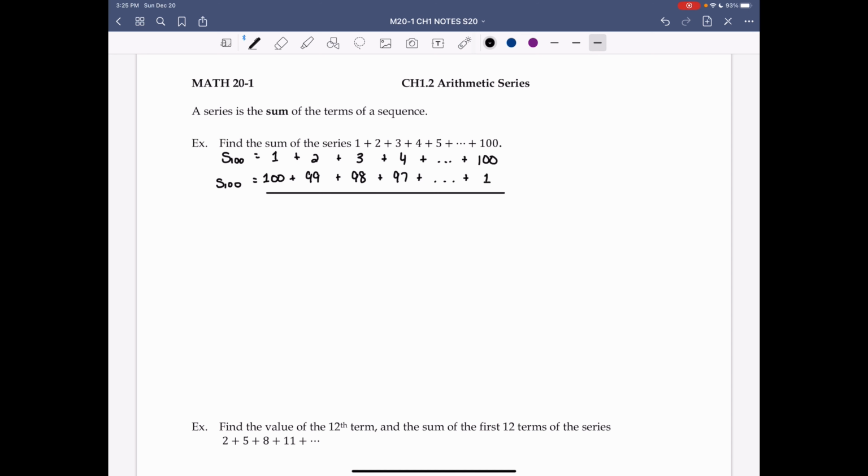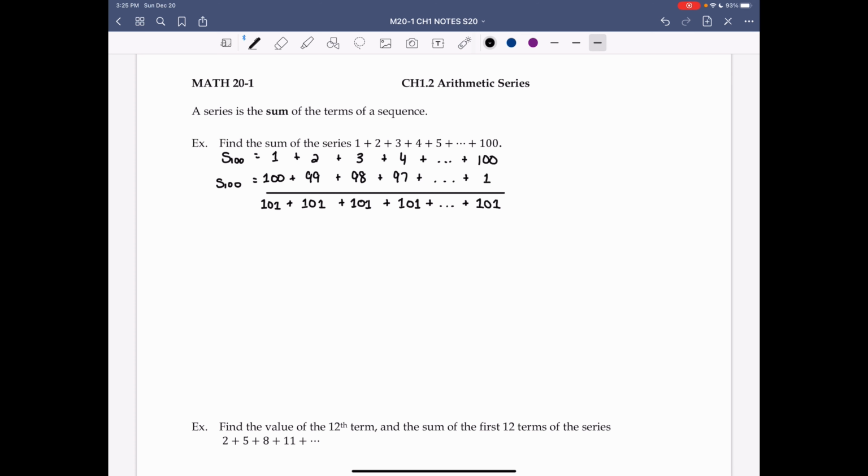The first term, 1 plus 100, is 101, plus 2 plus 99 is also 101, plus 3 plus 98 is also 101, plus 4 plus 97 is also 101, plus ... plus 100 plus 1 is also 101.